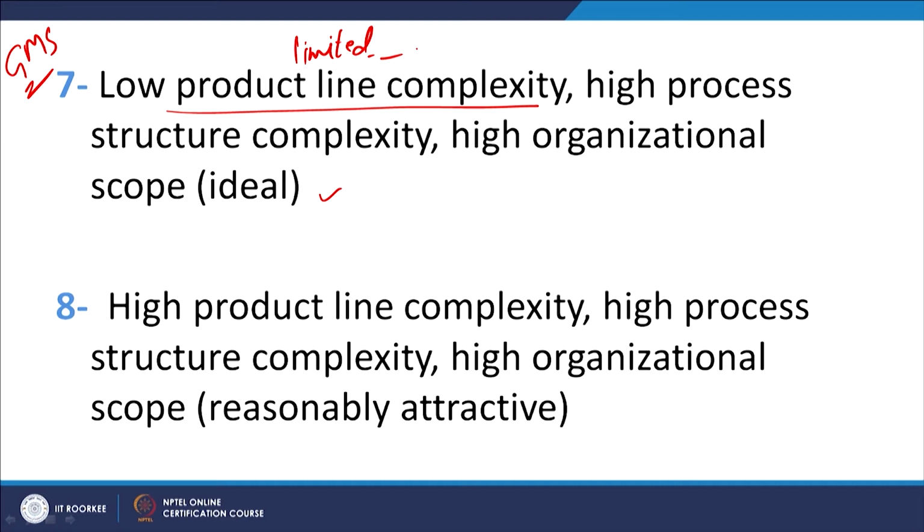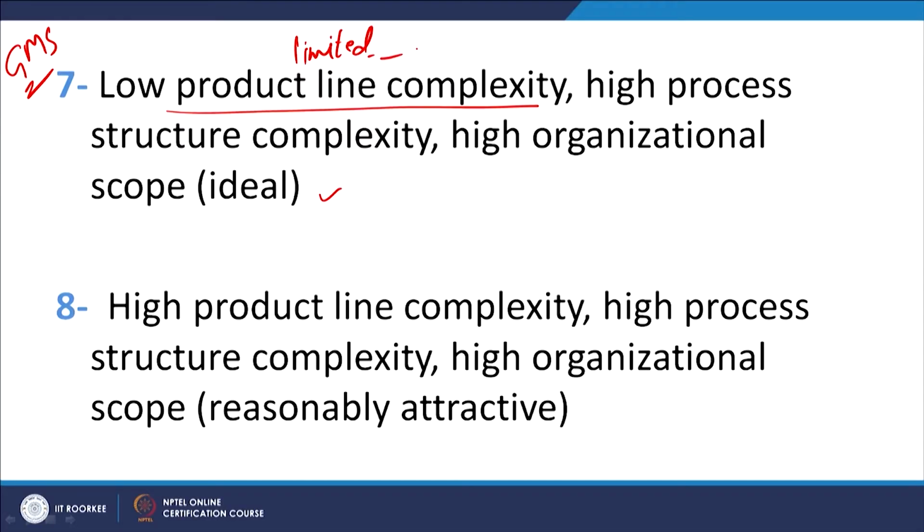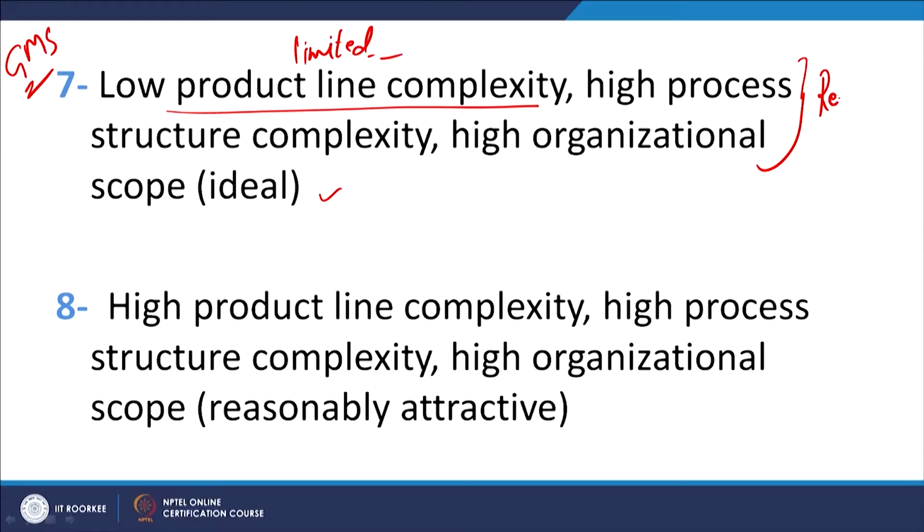The second is high process structure complexity, which means you have mature processes, and this is a continuous production kind of system, and high organizational scope means you should go to large geographical markets. If you take an example of a refinery, this type of example is suitable for this seventh GMS. If you are developing a refinery, you should sell your product in a large number of geographical markets, therefore it becomes an ideal kind of generic manufacturing strategy.